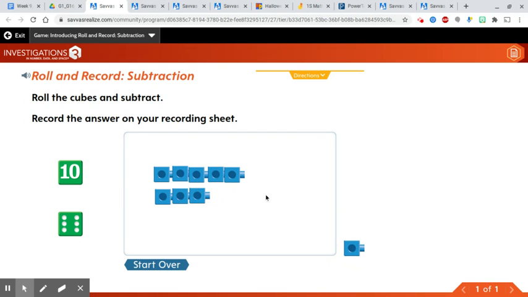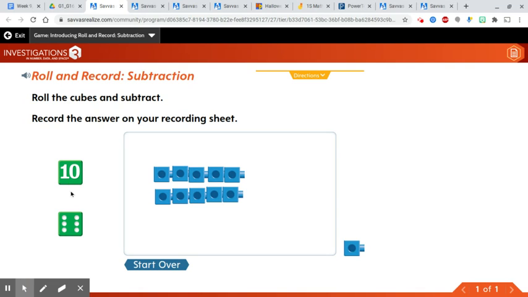And this time I see 6 on the dot dice. So when I go to take away and I count back, I'm going to count back 6 on the dot dice, and then I'll count back 6 of my cubes. And it's good to do it 2 times just to double check your work.